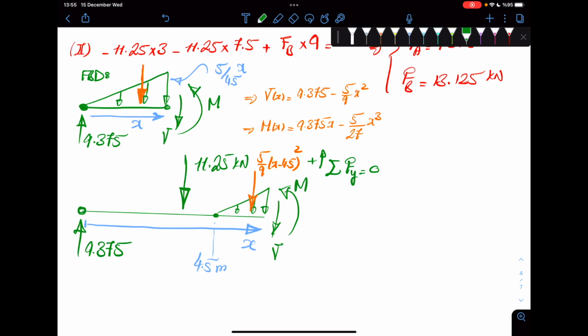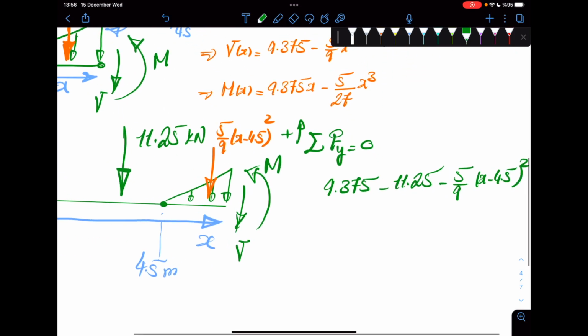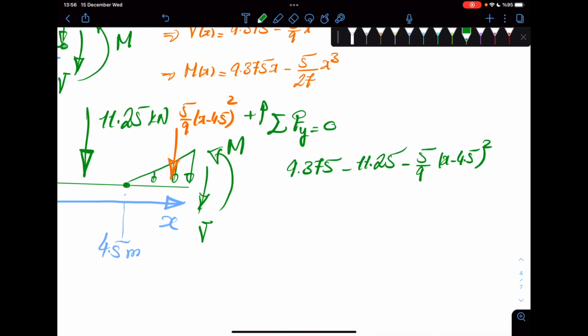And now that you want to write the equilibrium of forces, you would have 9.375 upwards, 11.25 downwards, 5 over 9 (x minus 4.5) squared, and minus V, of course, equals 0.